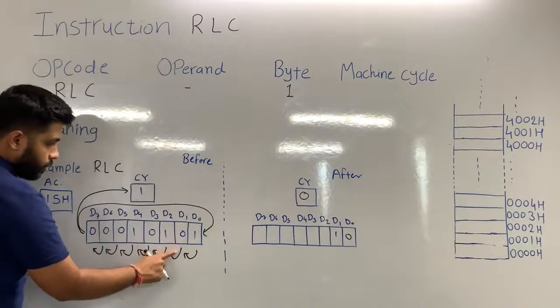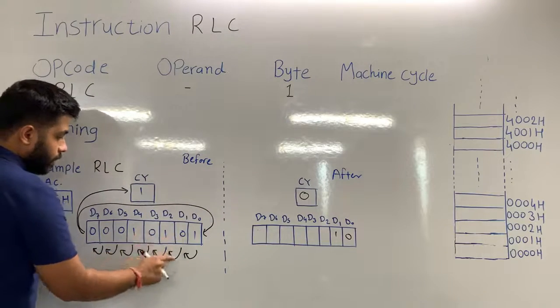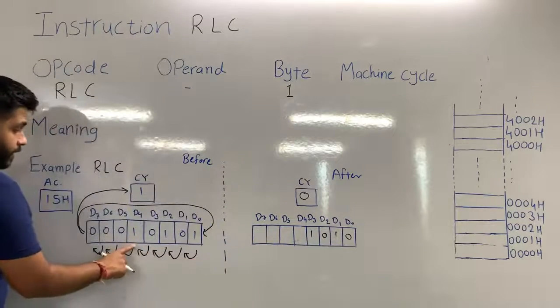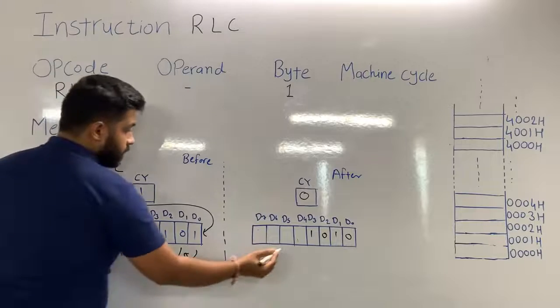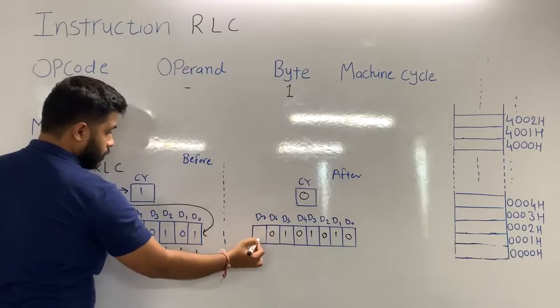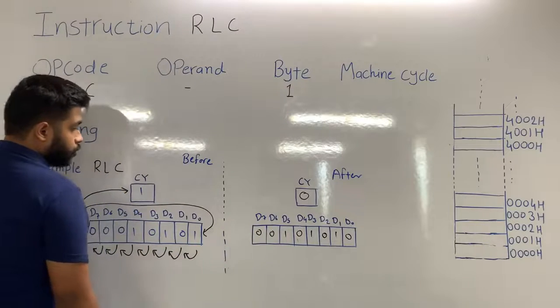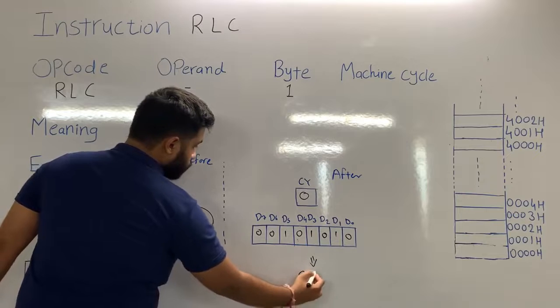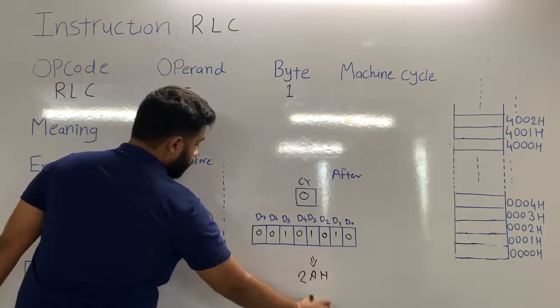In the D2 the value of D1 will be present. So there will be 0. Then at D4 the value of D3 will be present. So 0, then 1, 0, 0. If you convert this number into hexadecimal, you will get 2AH.